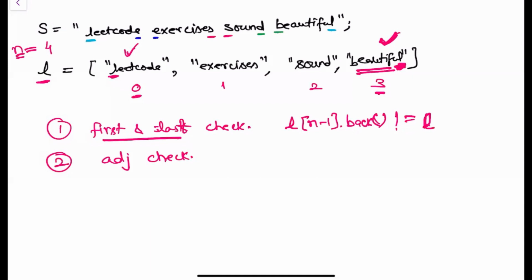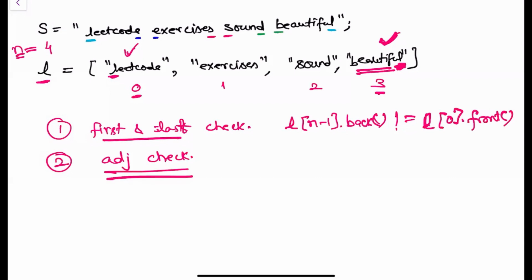So what should I write here? It will be L of 0 dot front, since we are calling it front. So this is one check.